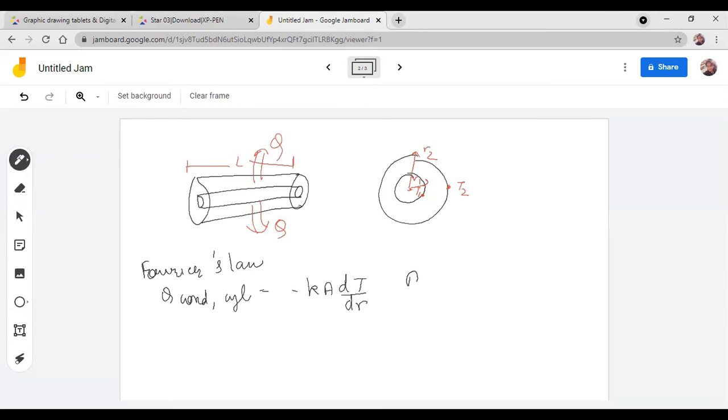Now A is equal to 2 pi r L, where r is this radial distance. So A depends upon r, and hence the area varies in the direction of heat transfer.